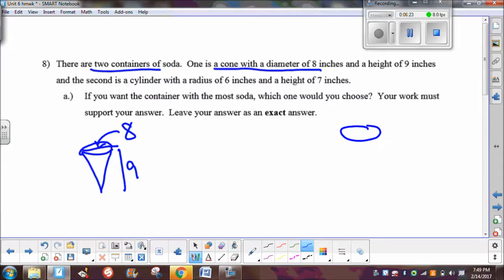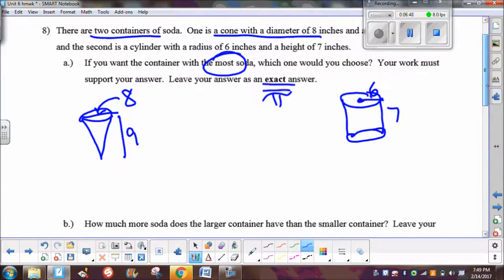That makes much more sense, because we know that usually a can of soda is a cylinder. And its radius is 6, and its height is 7. If you want the container that holds the most soda, which one would you choose? Your work must support your answer. Leave your answer as an exact, meaning in terms of pi.